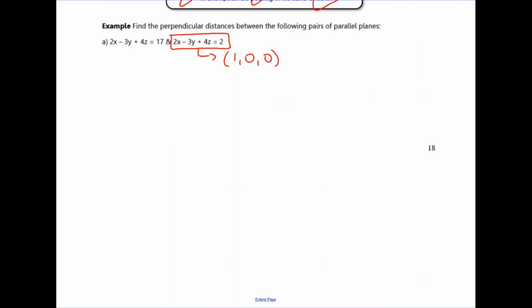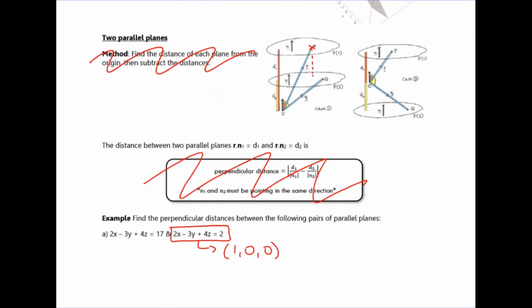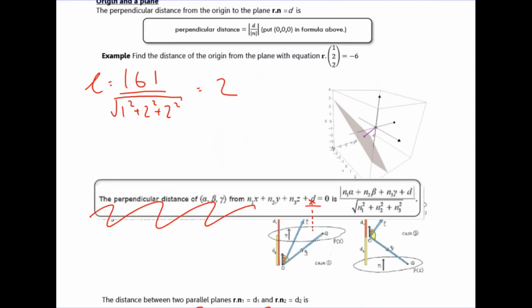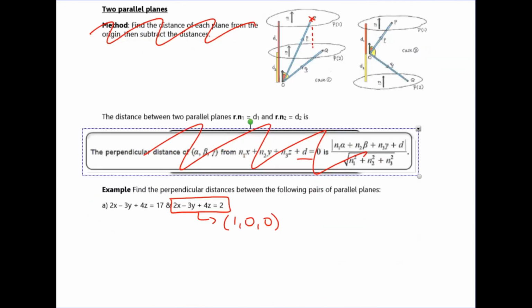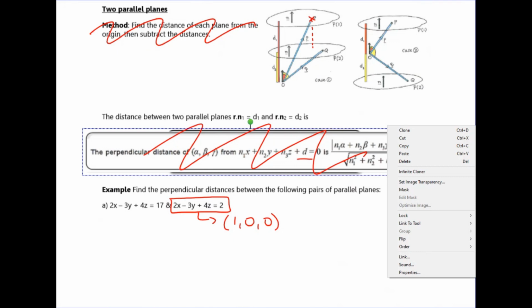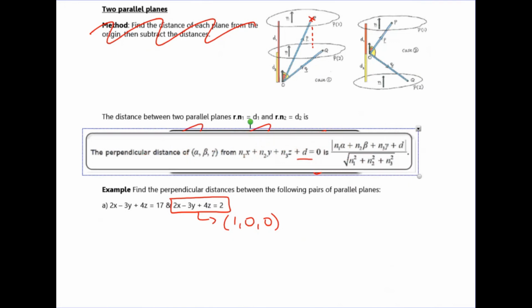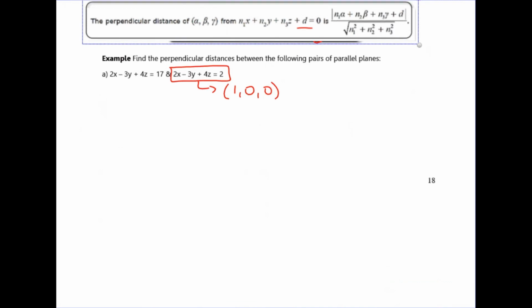So now this is reduced down to a shortest distance between a point and a plane problem. Because all I'm doing is finding the distance between 1, 0, 0 and this plane here. So let's substitute it all into our formula. My normal vector for this one is 2, minus 3, 4.